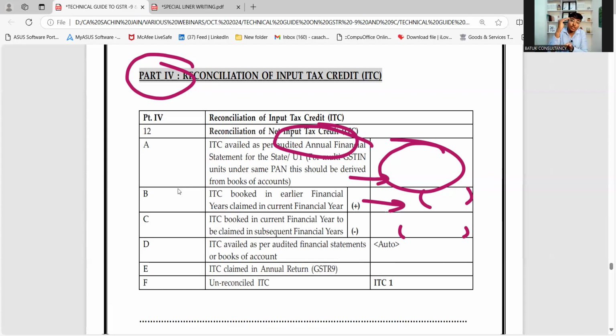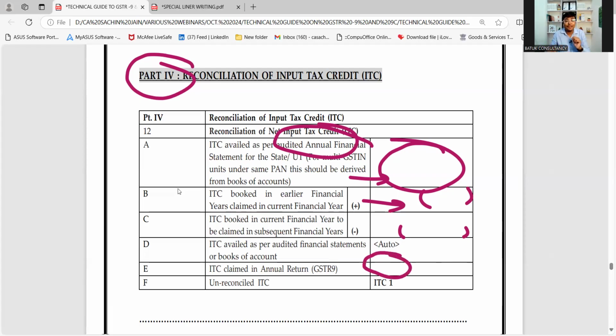For that purpose, first you need to make necessary adjustments in your books input tax credit, so that the prima facie reconciliation will be there between the books and the GSTR-9 input tax credit. As soon as you adjust from your audited financial statement any input tax credit related to last year and subsequent financial year, in that case the same will be comparable, and then after you need to compare it with the input tax credit of GSTR-9.